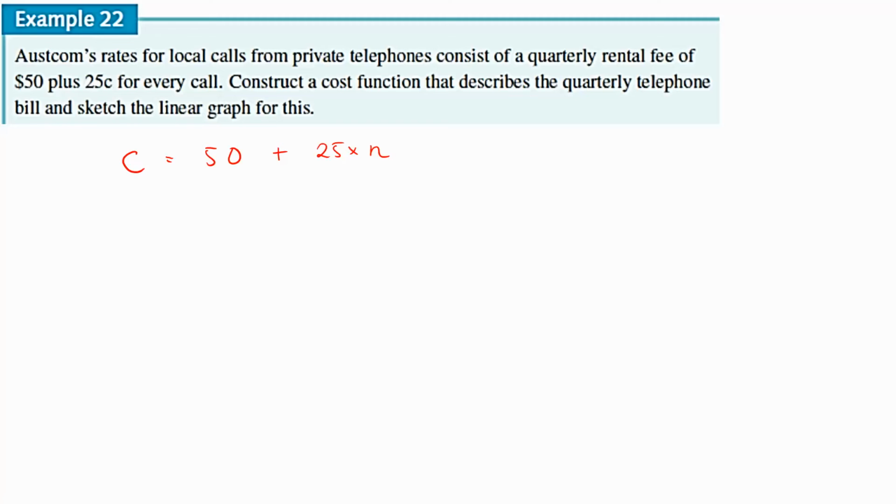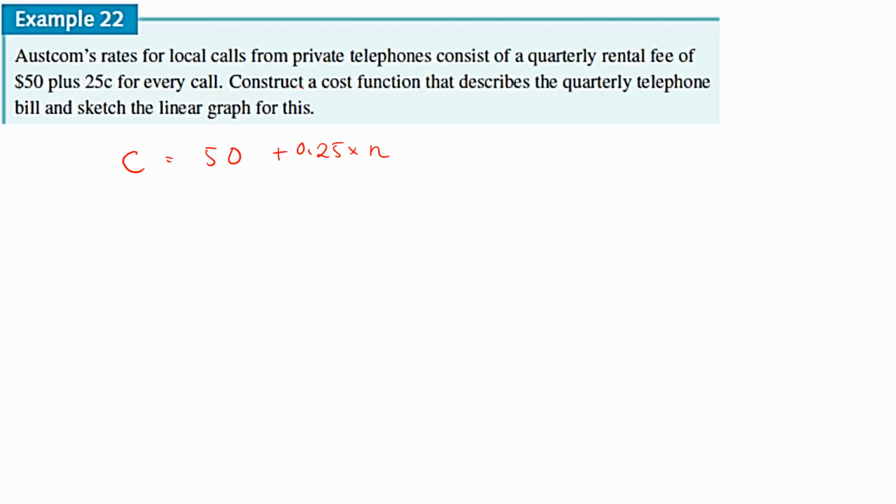If you say 25, you're adding on, this is now saying $25 per call. See, that doesn't make sense. What you have to say is 0.25, which means 25 cents, or 0.25 of a dollar. So 0.25 times N, which is the number of calls.